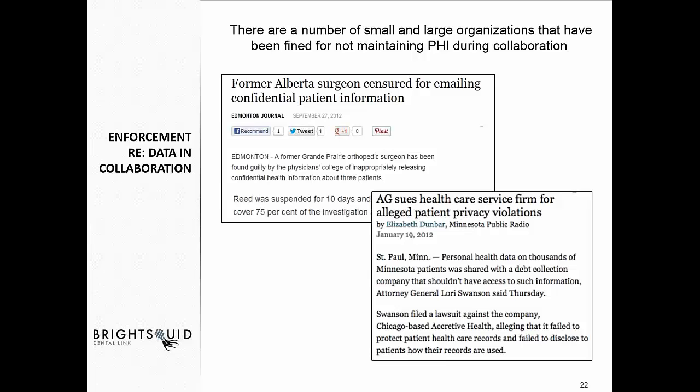Well, he mistyped the address on that email, and it ended up going to someone who actually happened to know the patient. And so what happened in this case was that patient, of course, complained because their protected health information was sent by email to someone who wasn't connected to the delivery of health services. So this particular orthopedic surgeon was suspended for 10 days and was fined about $15,000.